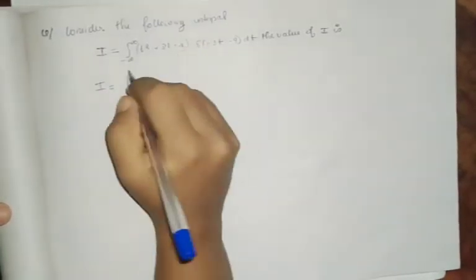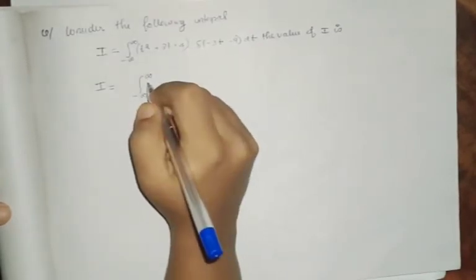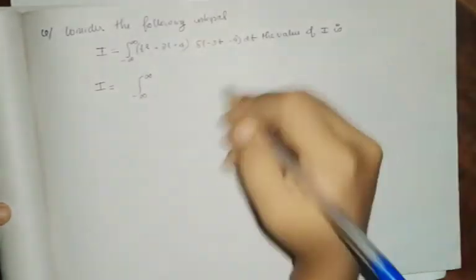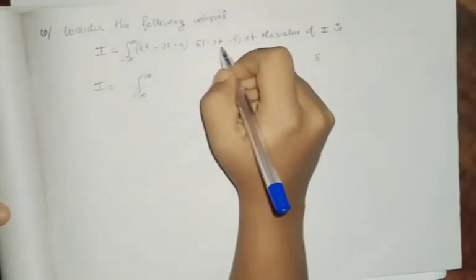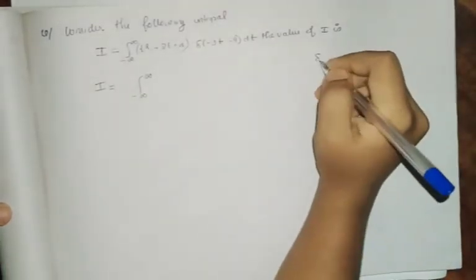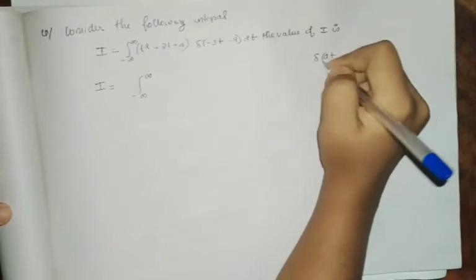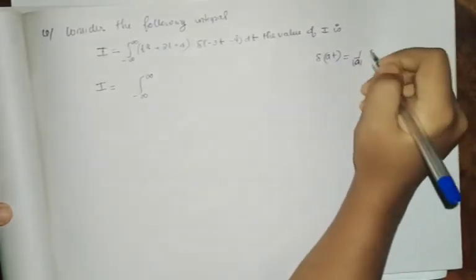So I is equal to integral minus infinity to infinity. I am going to open this bracket. Before that, I'll use the property of an impulse signal, that is del of a t is equal to 1 by modulus of a del of t.